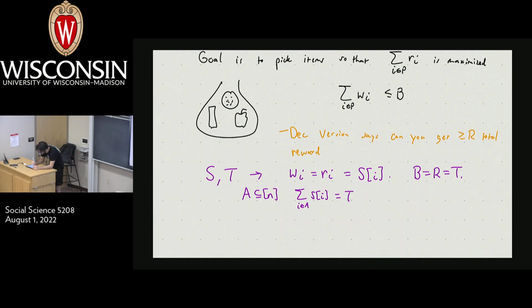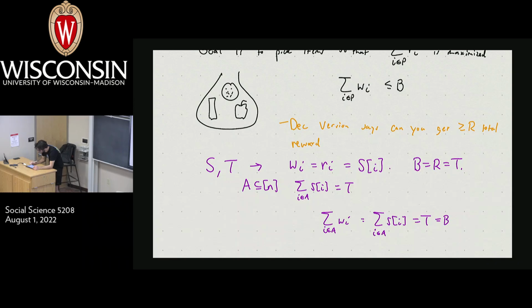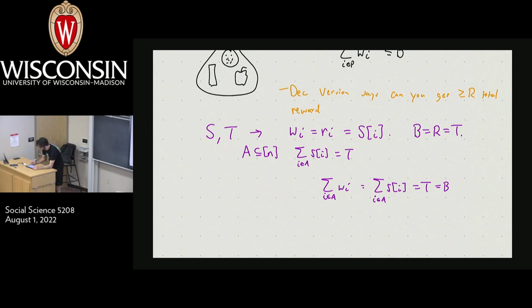Well, that means the sum of all i in A of the weights, well, that's literally by definition this, so equals t, which is equal to B. So we're fitting within our budget. And similarly, the sum of all i in A of the rewards, well, that's equal to the sum of i in A of s_i.